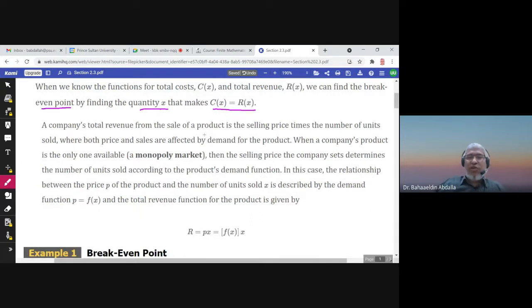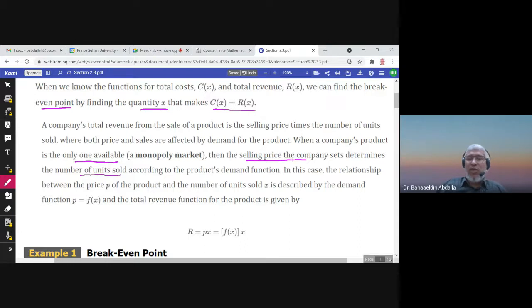The revenue function, usually we could have in a monopoly market, where a company's product is the only one available. The selling price the company sets determines the number of units sold.